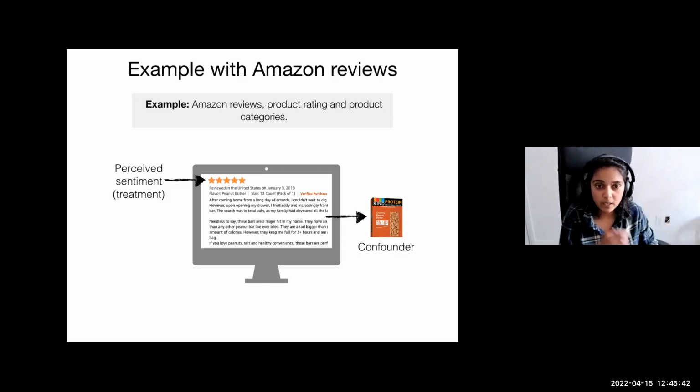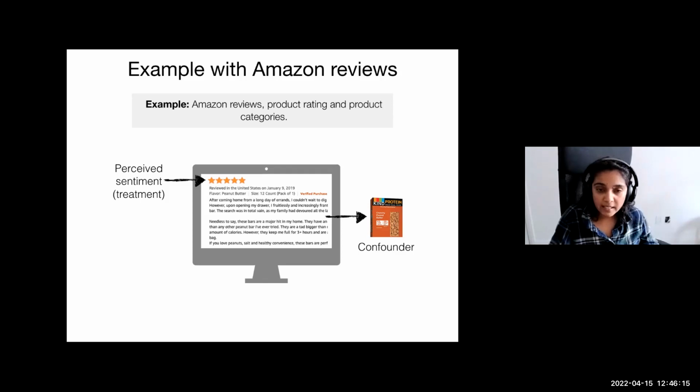To be concrete, we have Amazon reviews, and with every review the rating that the writer produces. We're going to assume that a reader of the review looks at the number of stars and perceives the sentiment of the writer based on the number of stars. We can binarize this by saying 4 or 5 stars versus 0 or 1 stars, and this becomes our treatment, the perceived sentiment of the review reader.